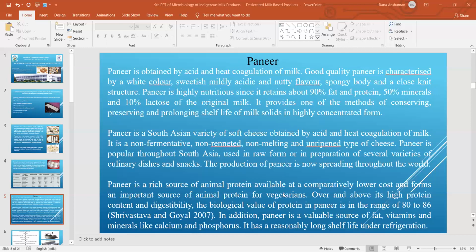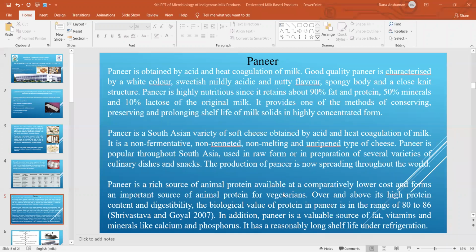So these are the typical characteristics of paneer, and it is mainly produced in South Asian countries. It is a soft variety of cheese obtained by acid and heat coagulation of milk.